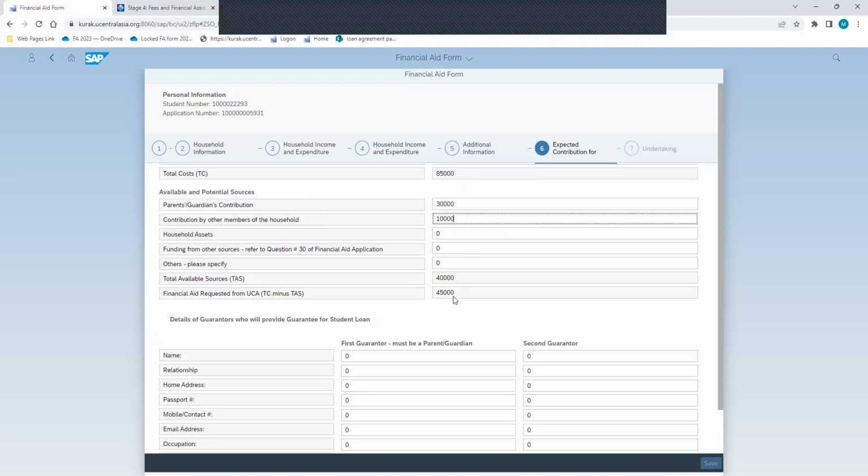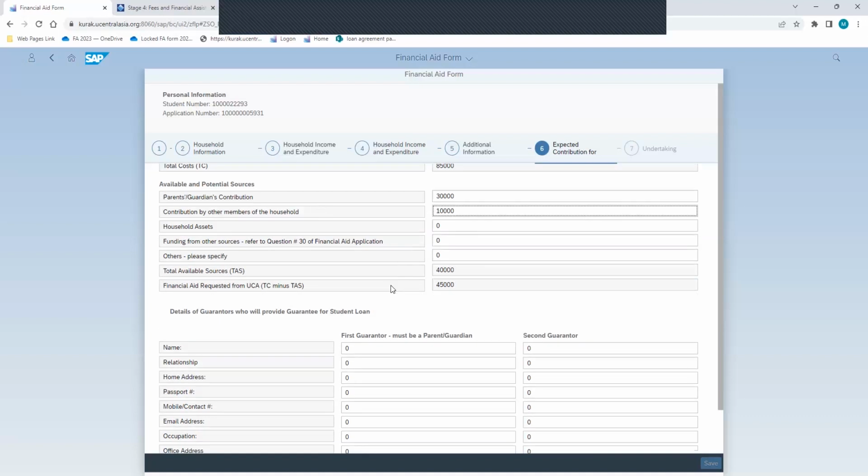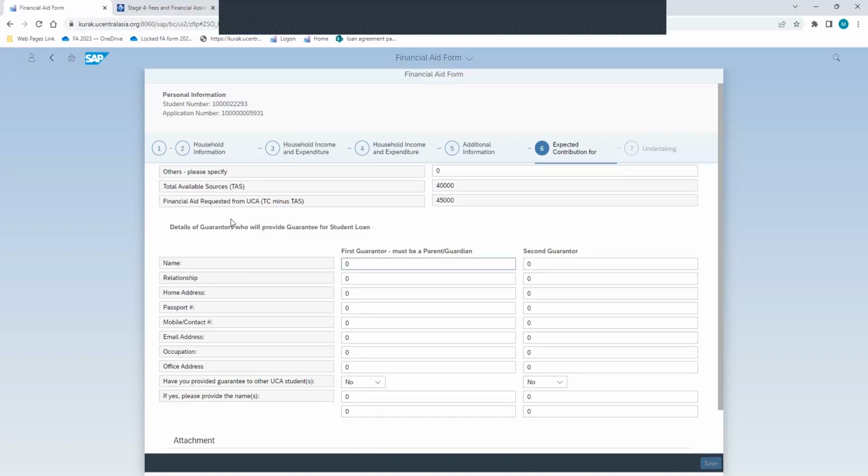So you see the system automatically calculates and indicates that the financial aid requested from UCA is 45,000 annually. Like, 40,000 is what you are ready to pay. This is the available source at your household, and 45,000 is the source that you're seeking to study here.